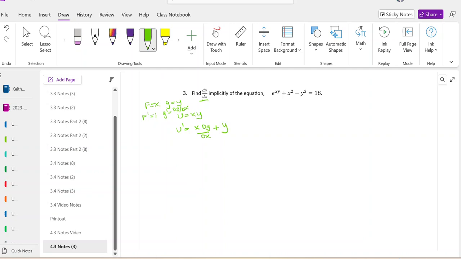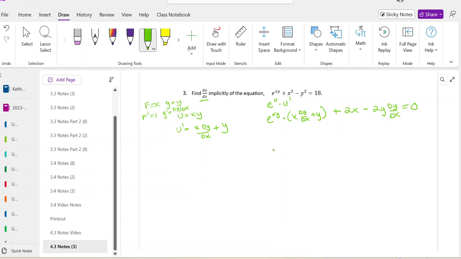So remember, this would be e to the u times u prime. So it's e to the xy times x dy dx plus y, plus 2x minus, and now here you do 2y and then dy dx equals 0 when you take the derivative.